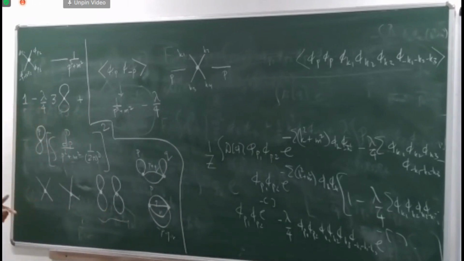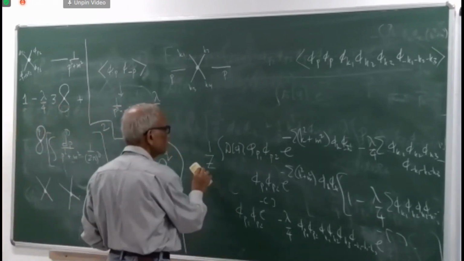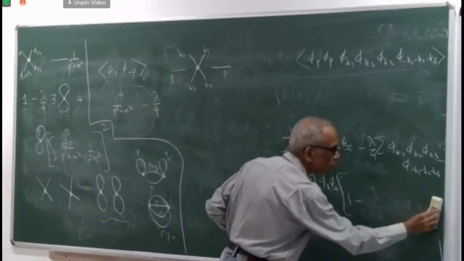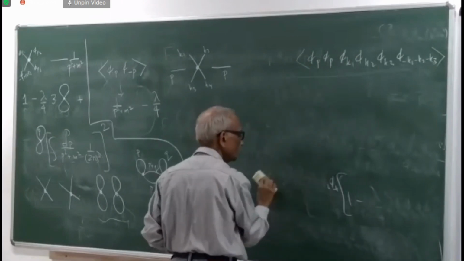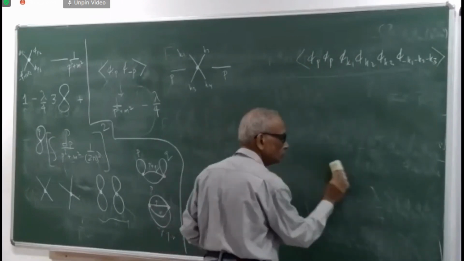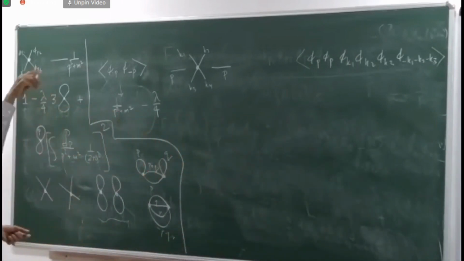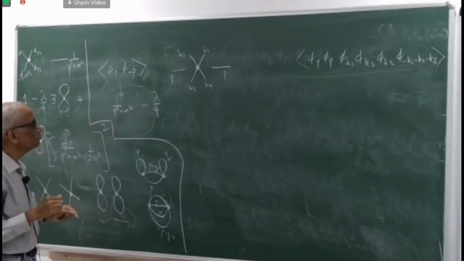Like any other stat-mech expectation value, there is always the Z in the denominator. So I have 1 over p square plus m square minus lambda by 4, which came from there.